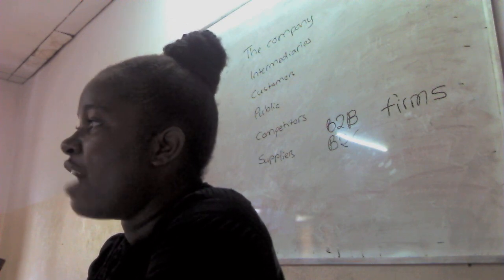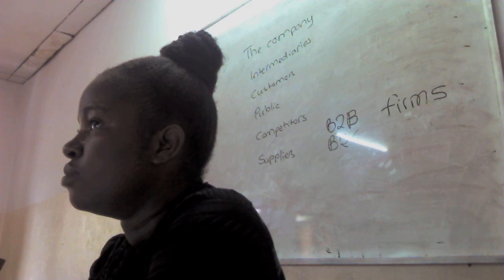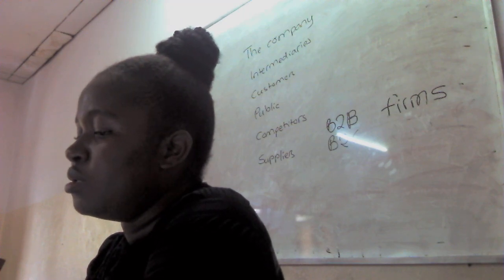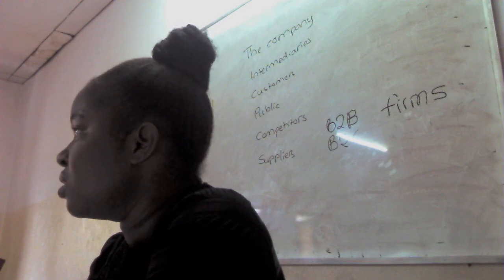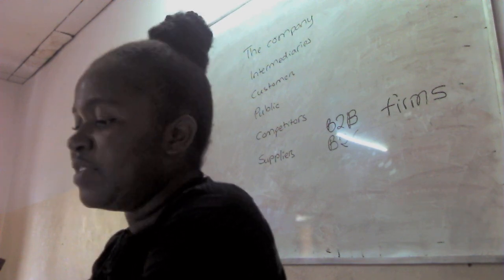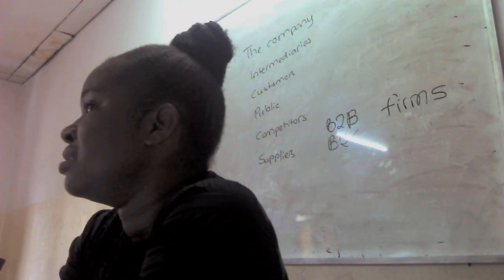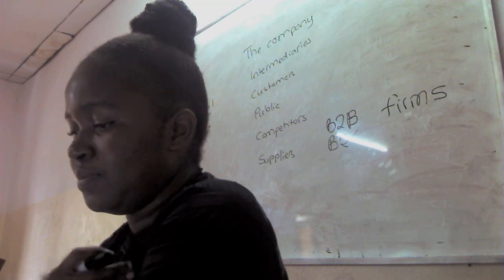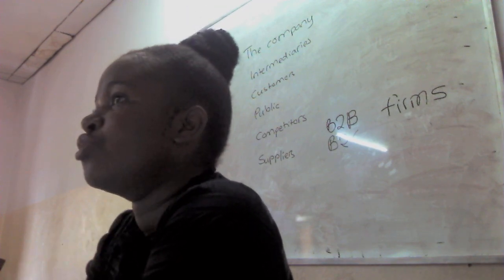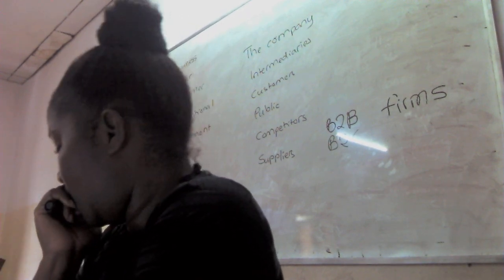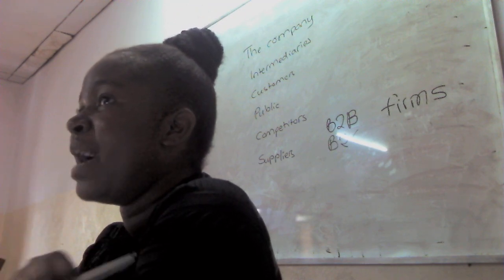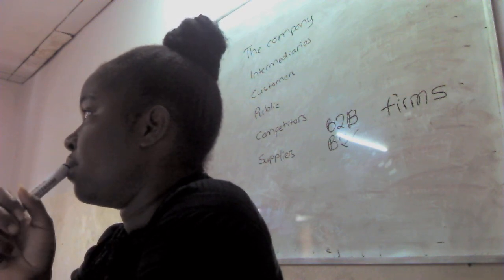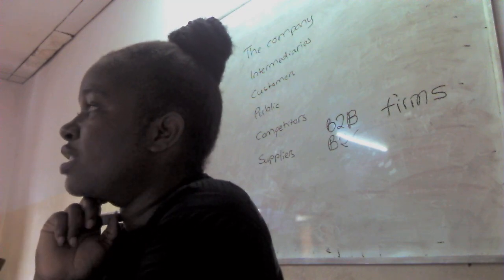The other type of market are government markets. These are government agencies that buy goods or services to produce public services, or transfer them to those who need them.